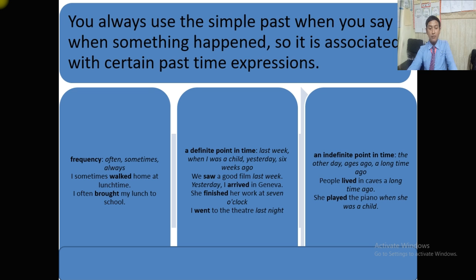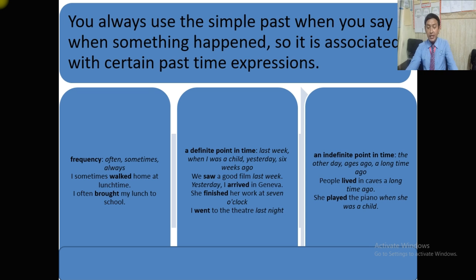Now you see the example. I sometimes walk home at lunchtime. Don't forget, when you write the word sometimes you have to add s. This one means how many percent that I walked home at lunchtime? 50%, right?